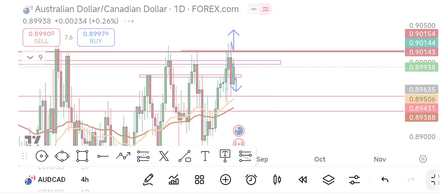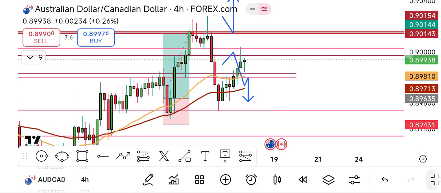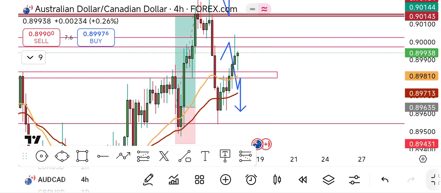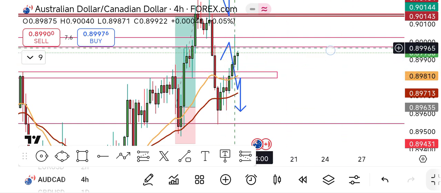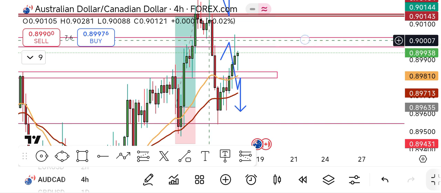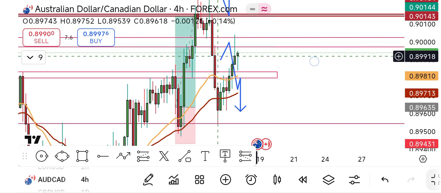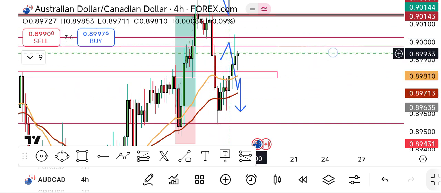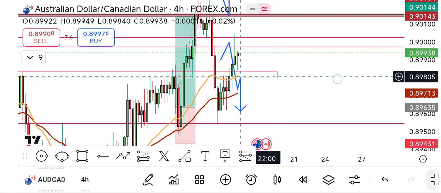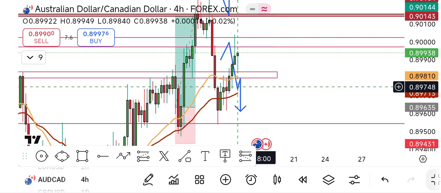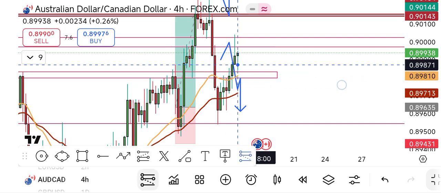We haven't seen any full confirmation yet. So what do we need now? We actually need a clean break and retest. That is, come to the downside here, go to the upside. Then we are looking for a bearish engulfing candlestick that engulfs this level. Then we are going to sell.